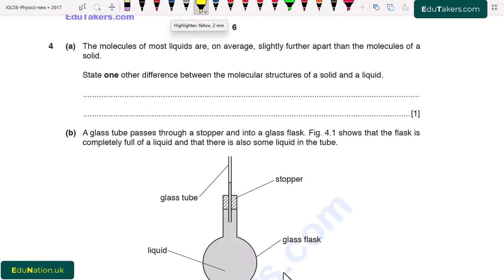Question number 4, part A. The molecules of most liquids are on average slightly further apart than the molecules of the solid. State one other difference between the molecular structure of solids and liquid. So here we have to differentiate the structure of solid and liquid. So first of all, here I make the structure of solid.